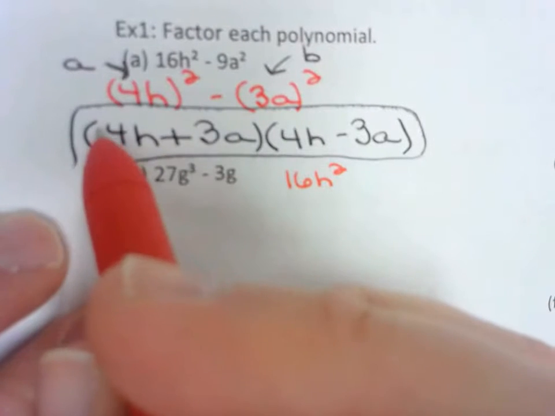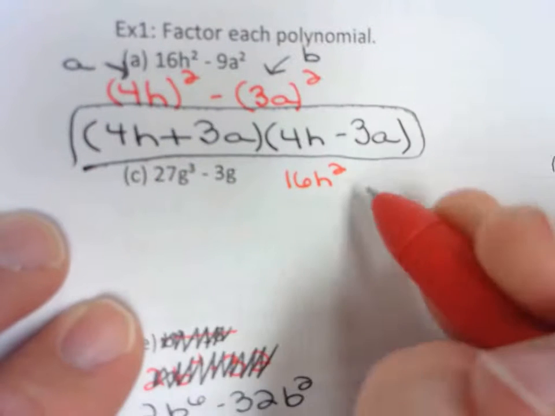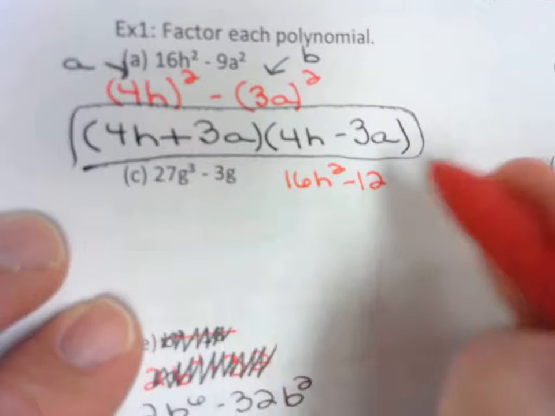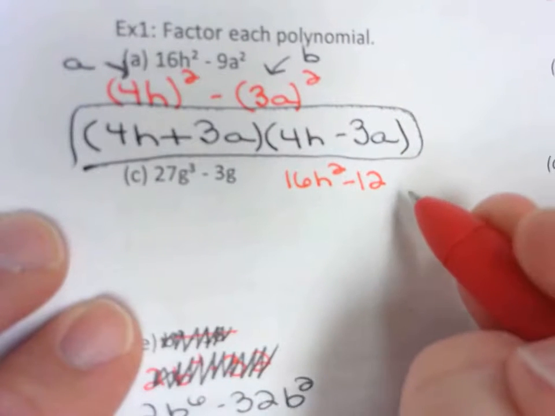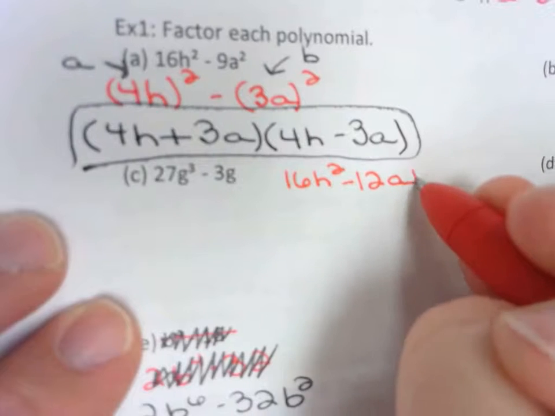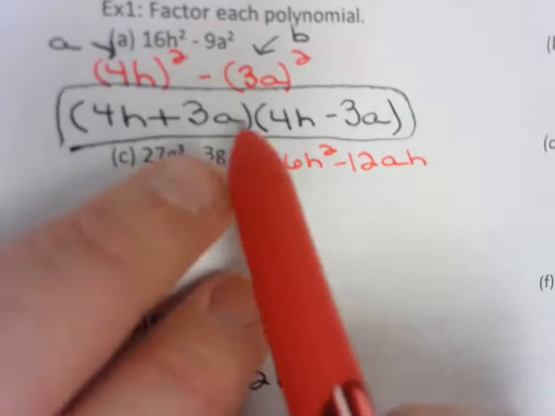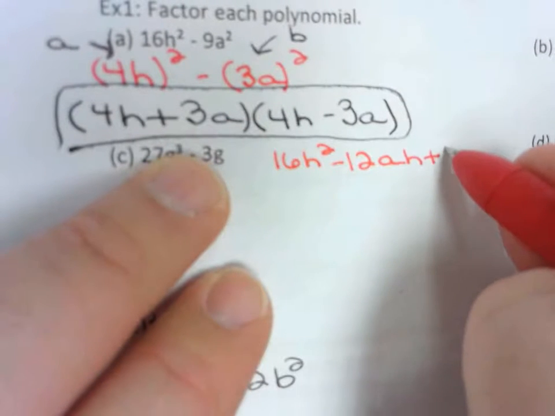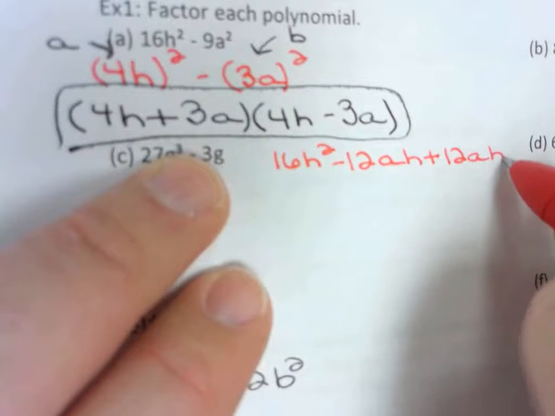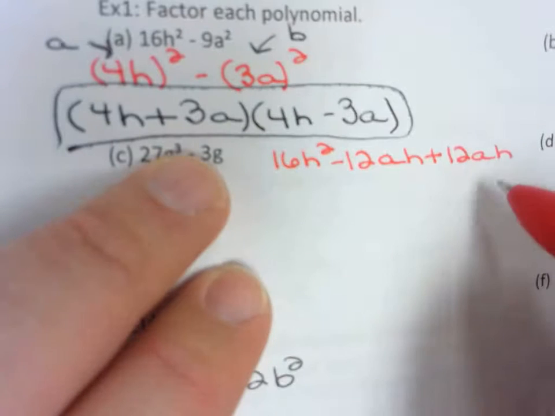When I multiply my outside two, 4h times negative 3a, negative 12ah. Your inside two, 3a times 4h, positive 12ah. And then last two, 3a times negative 3a.